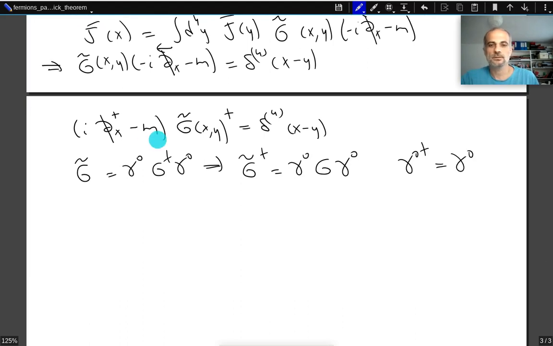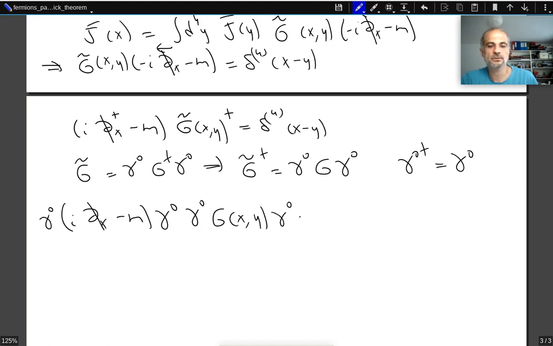So let's continue. Over here we have i. Let me take the gamma 0 out, del x slash minus m, gamma 0. This whole thing is this parenthesis over here. Then this g tilde Hermitian conjugate is gamma 0, g of x, y, gamma 0. This is equal to the Dirac delta of x minus y.